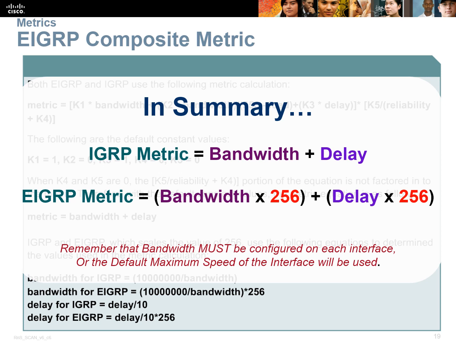EIGRP is just bandwidth plus delay. But they wanted more granularity, so it's bandwidth times 256 plus delay times 256. So some of the metrics you'll see, when you've got a serial link running at 2 meg, will be 3 million. It's just a really, really large number because EIGRP wants that granularity.